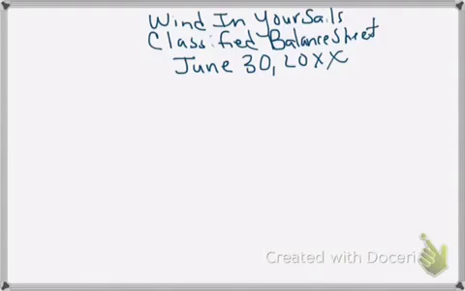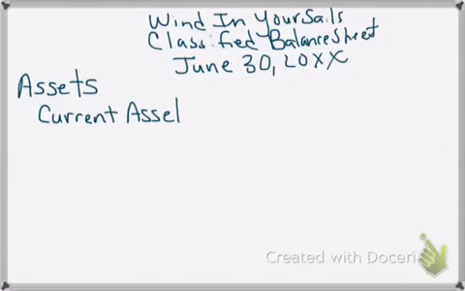That is the only time period that this particular balance sheet is going to be looking at. When we look at a classified balance sheet, we start with our assets. And the first thing we have are current assets. Now remember, current assets are things that are cash or will be turned into cash within 1 year.